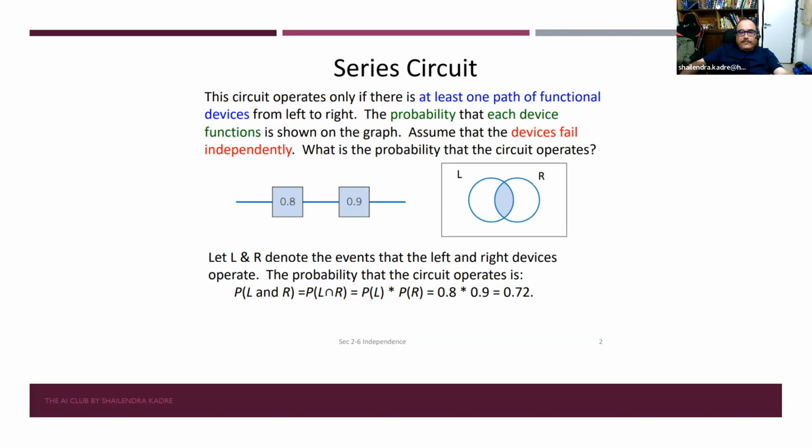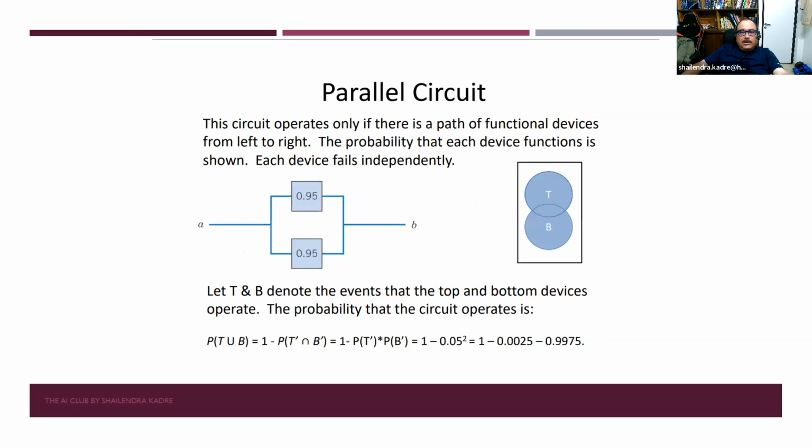Now next question. I have two circuits like this. Now I have put them in parallel. Both circuits, both parts A and B, properly function 95% of the time, means 0.95 probability that they will work.